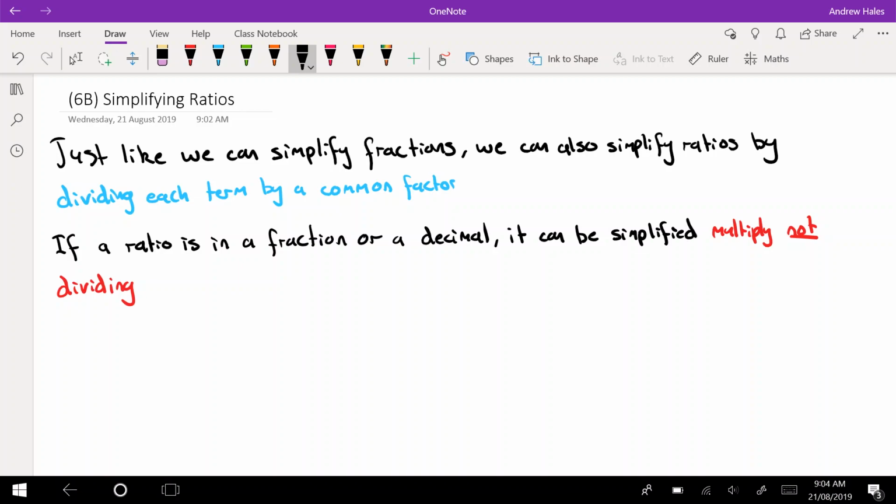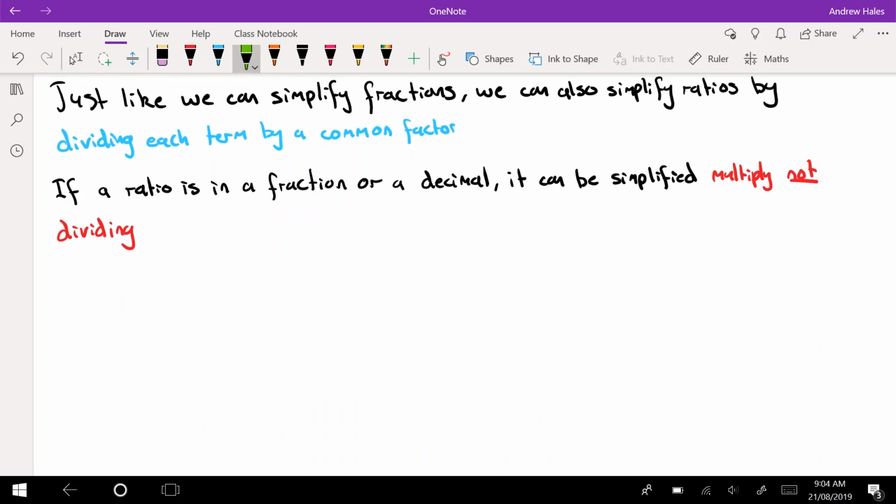But let's first get into what I like to call my definitions, my little rules on how we're going to do these. So the first one, and that is to simplify a ratio. To simplify a ratio, we divide each number in the ratio by the highest common factor.